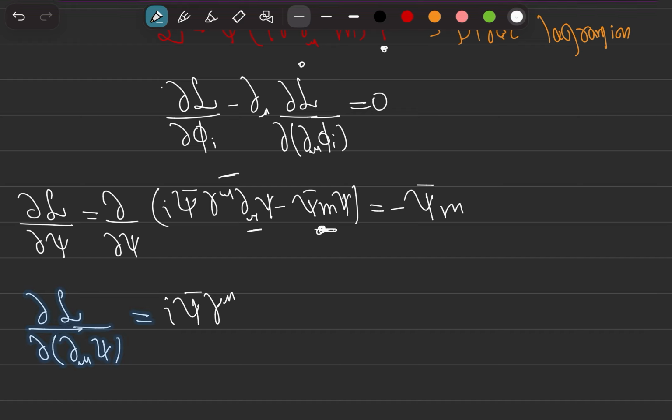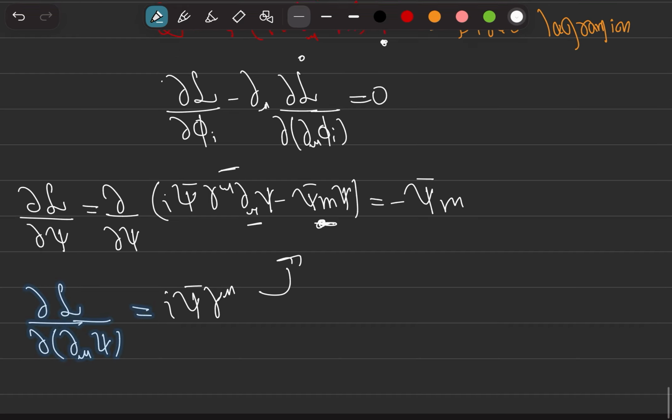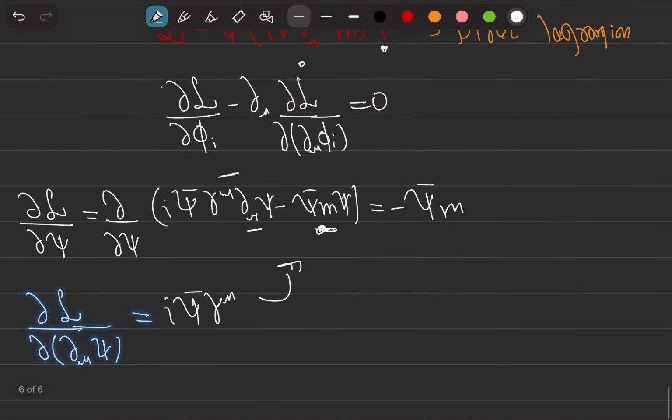If you put this into the Euler-Lagrange equations, we simply get minus psi bar m minus iota partial mu psi bar gamma mu is equal to 0.